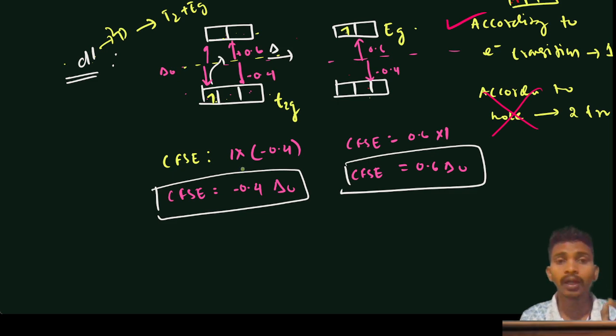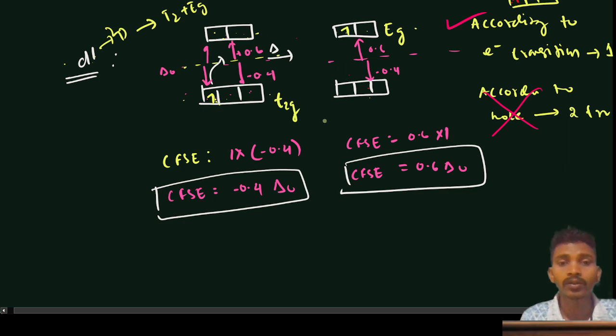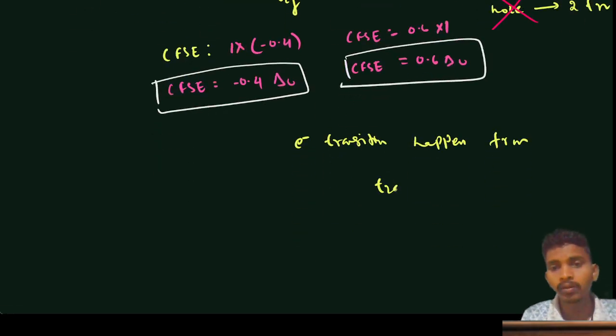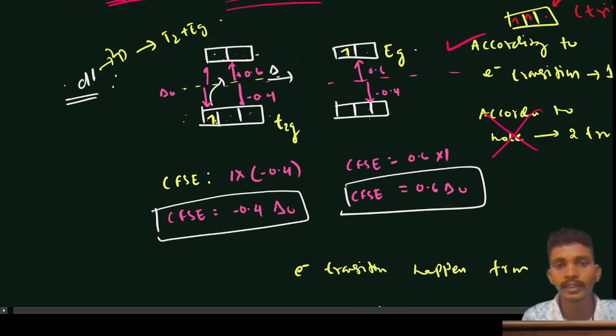Now how the electron transitions occur: from T2G to EG. So the electron transition I am doing from these two. I send it from T2G to EG. Electron transitions happen from T2G to EG.